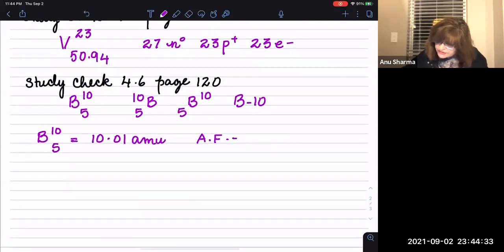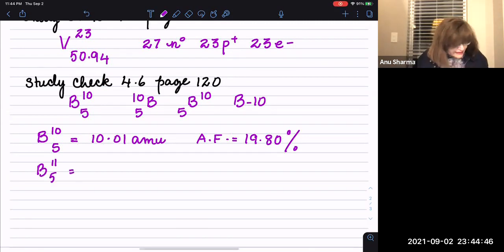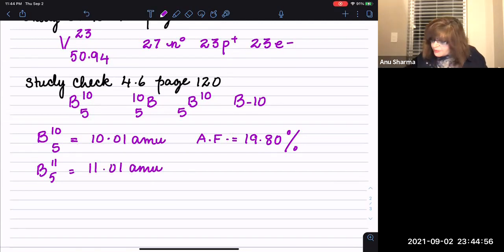So abundance factor in this case is 19.80%. Okay, and the isotope B11, 5, has a mass of 11.01 atomic mass units, with an abundance of 80.20. Abundance factor is 80.20%.